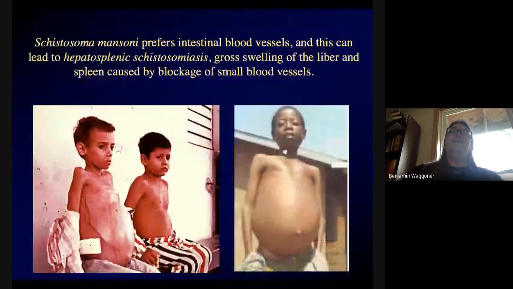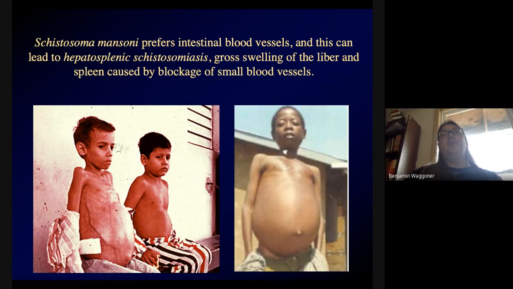A different species is Schistosoma mansoni that prefers the blood vessels around the intestine. Eggs there pass out in feces, and they tend to spread in areas where the sanitation's not great. If you have human waste entering a water supply that's got snails in it, the parasite can complete its life cycle.